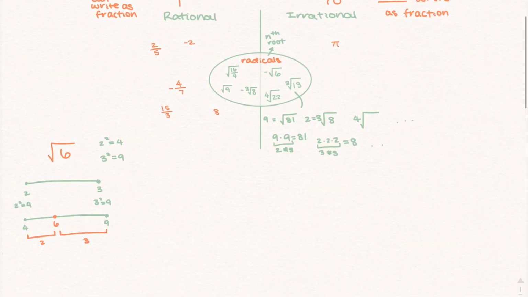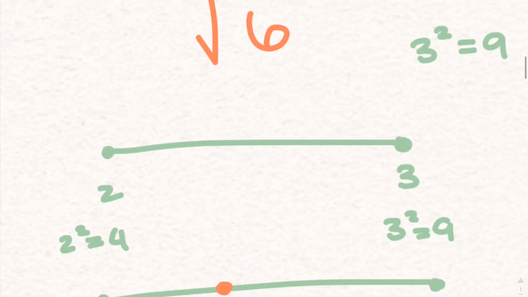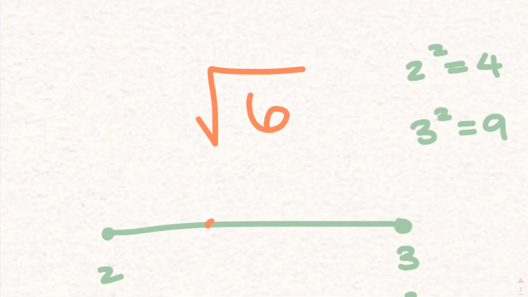So we know it's a little bit closer to 4 than it is to 9. Knowing that, we know that the square root of 6 will be a little bit closer to the square root of 4 than it will be to the square root of 9. So the square root of 6 is going to be a little bit closer to 2. We don't know the exact value, but we do know that it's closer to 2 than to 3.